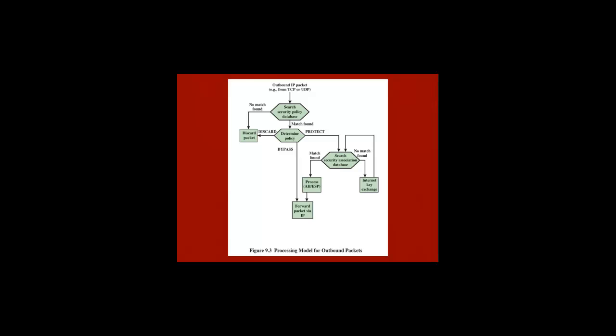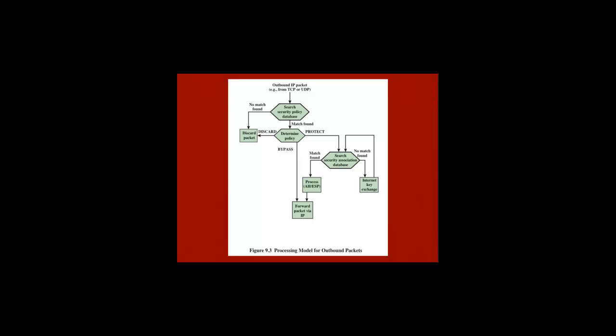If the policy for this packet is discard, then the packet is discarded. If the policy is bypass, then there is no further IPsec processing. The packet is forwarded to the network for transmission. If the policy is protect, then there's a search in the SAD for a matching entry.